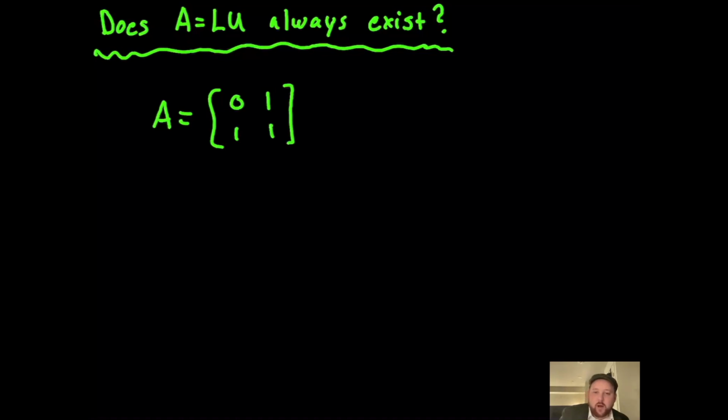The reason why is because when I look at the first column, that component that I would need to be dividing by to compute those M matrices that we talked about in the last video is already 0. So we essentially can't zero out everything except the first component because it's already 0. And so that's why we have to do pivoting, right?